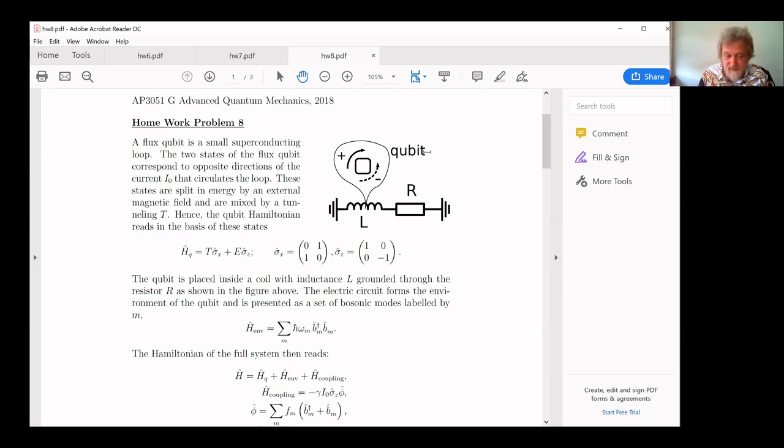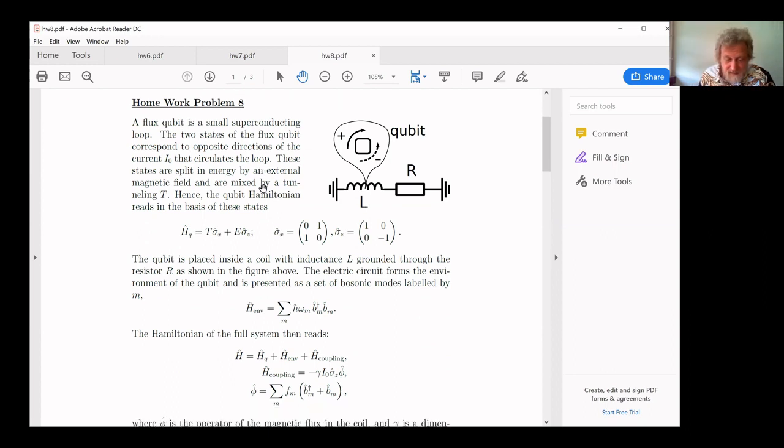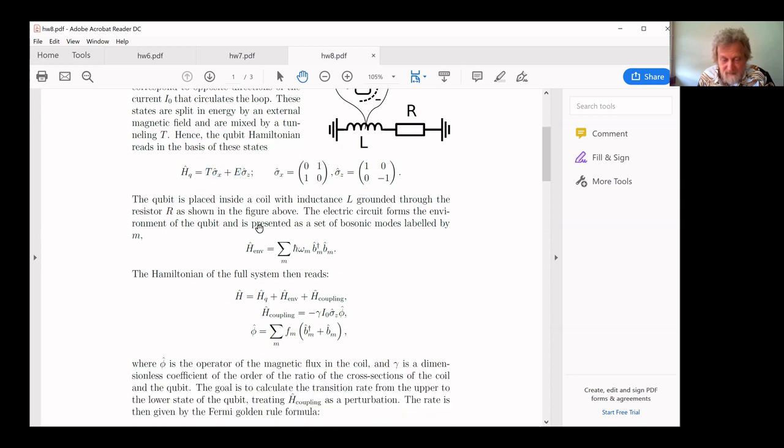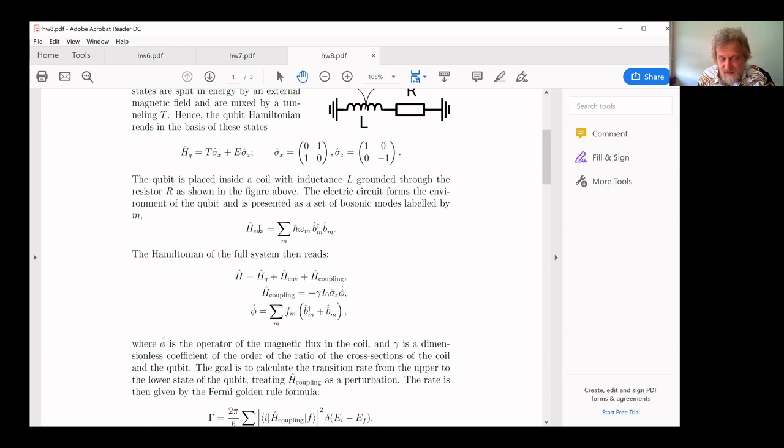A qubit is a qubit. And in order to understand it, one needs to look at the Hamiltonian. States of split energy are mixed. The Hamiltonian is like this: splitting, mixing.